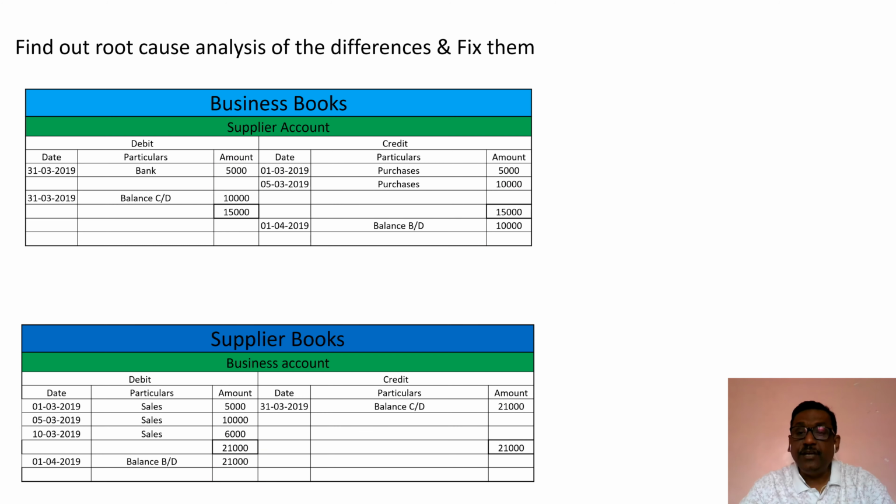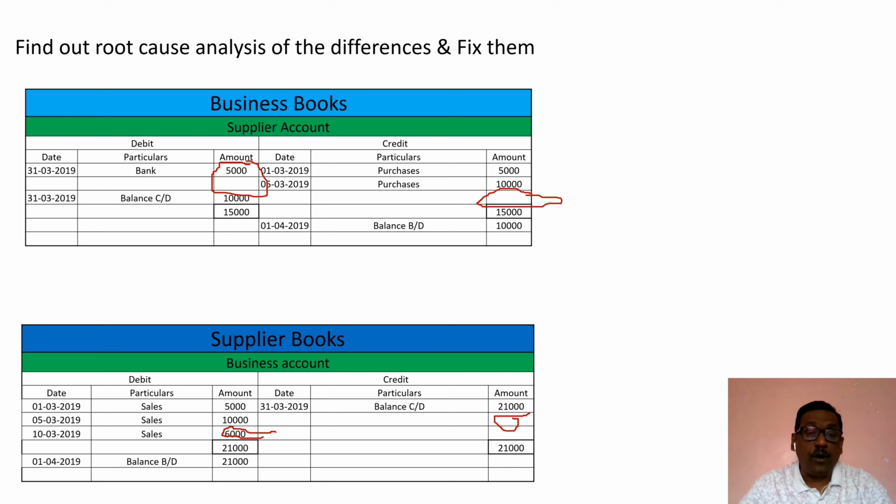I need to wait for the time. Once I receive the 6,000 worth of goods, I should make sure that I record that as a purchase in my books. That is how I am going to fix it. Once the supplier receives the payment of 5,000 rupees, the supplier should make sure that the 5,000 is recorded in his books of accounts. So as an accountant, what is my responsibility?